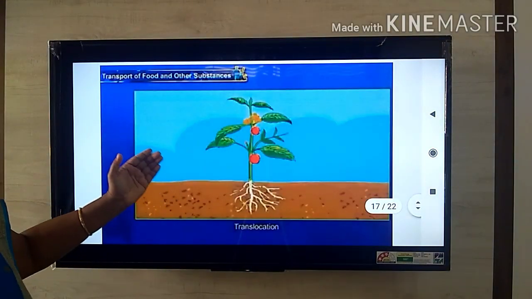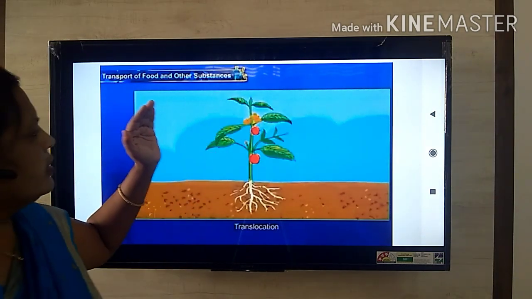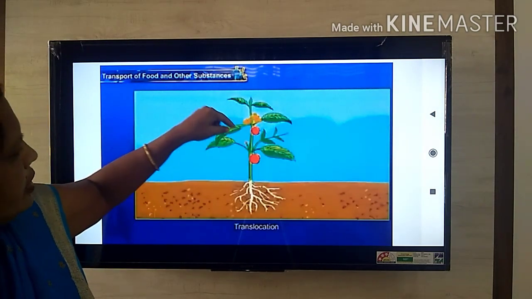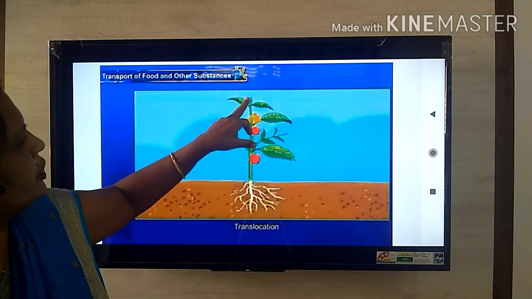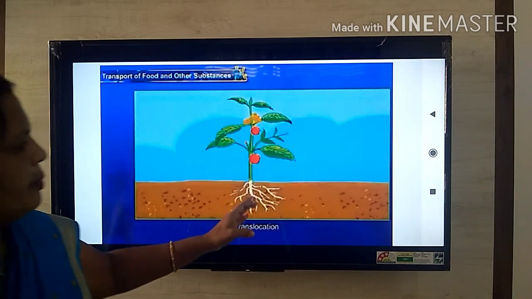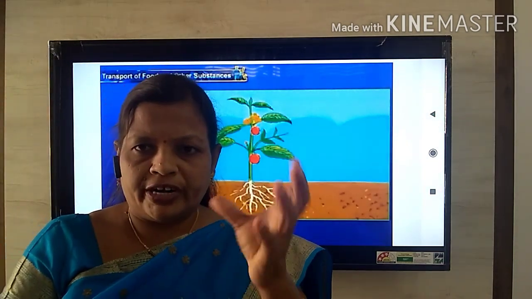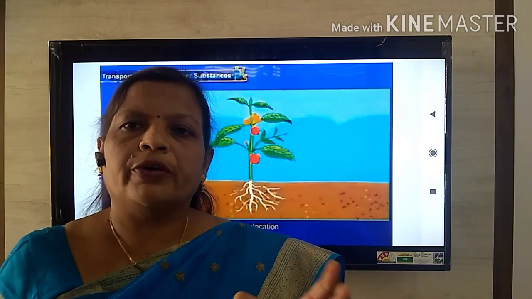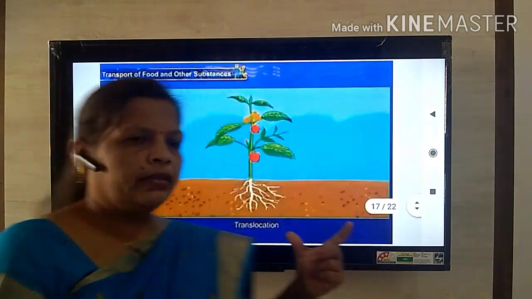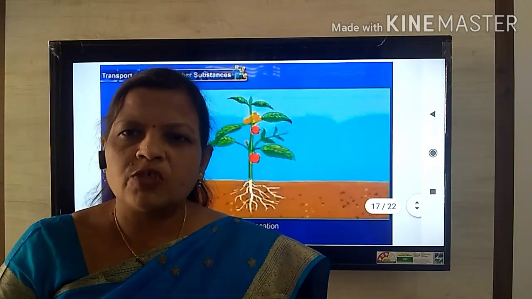Here we can see that the food material is transported, and it may be transported to the flowers, to the fruits, or to the roots of the plant. You know very well the potato, which occurs within the soil, and it is a rich source of starch for us.